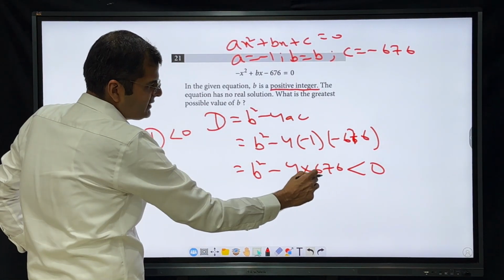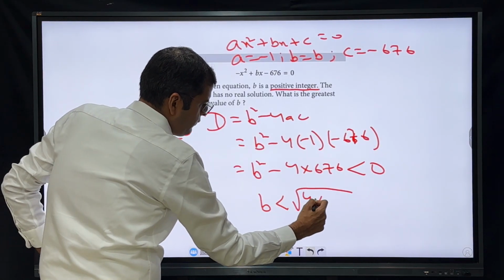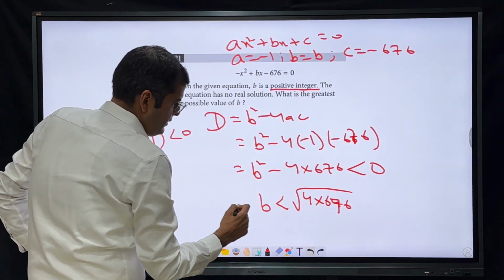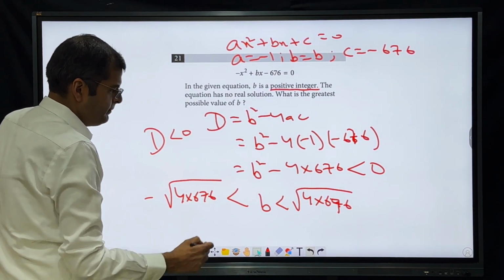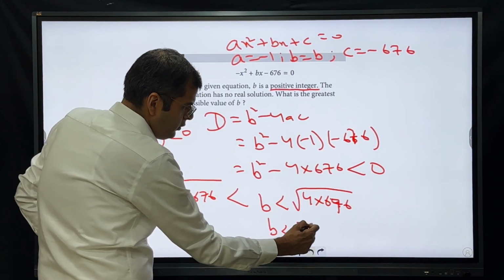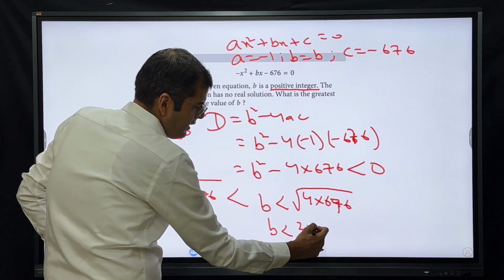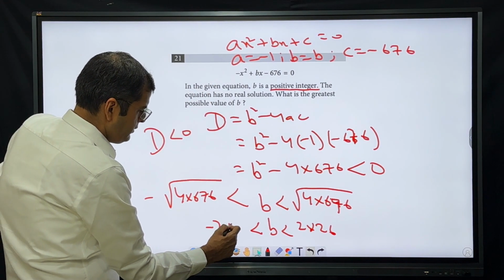So if b square is less than 4 into 676, that means b lies between the square root of 4 into 676 and negative of the square root of 4 into 676. Square root of 4 is 2, square root of 676 is 26, so it is minus of 2 into 26.